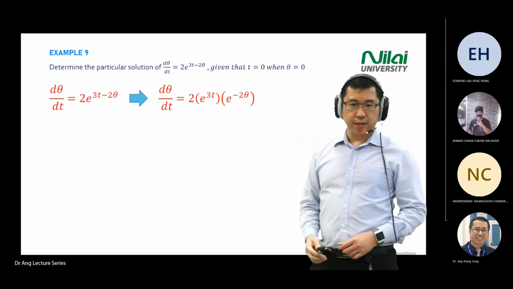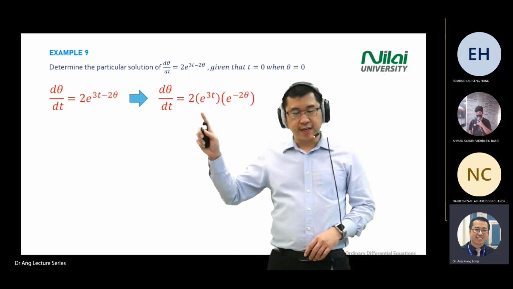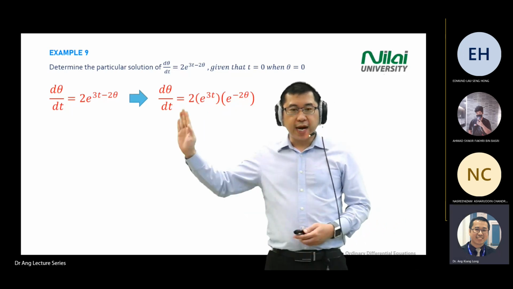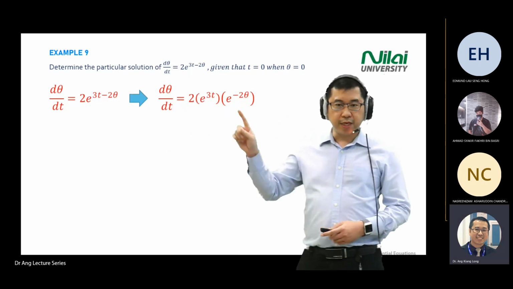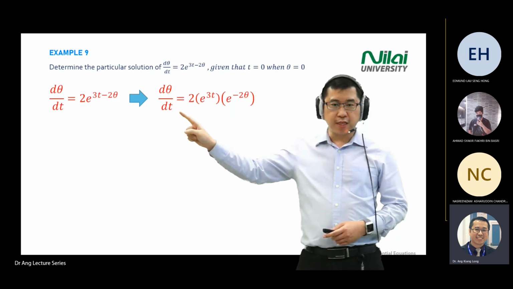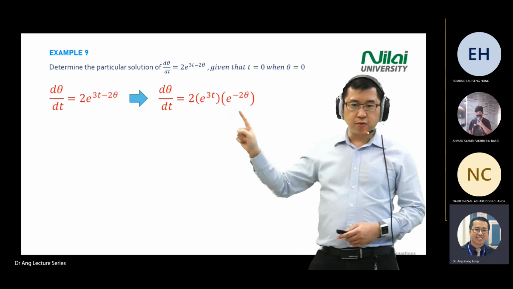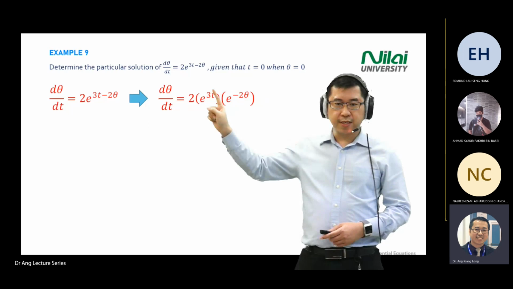So after that, what do you do? After you get dy/dx and the equation, again, pull your y one side, x one side. So here, you pull your dt to the right hand side. So the right hand side is dt, you keep the dt on one side.